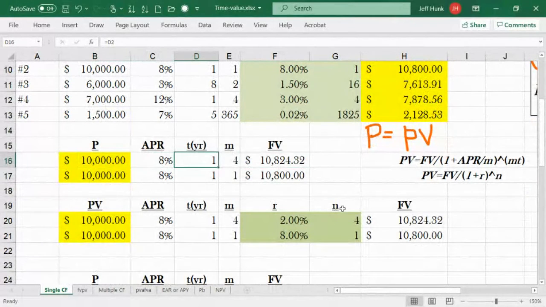Principal, APR, time, those are variables. Also, M is a variable as well, right? But M is generally not the unknown. M, the compounding frequency, is given. It's basically exogenous to the problem.